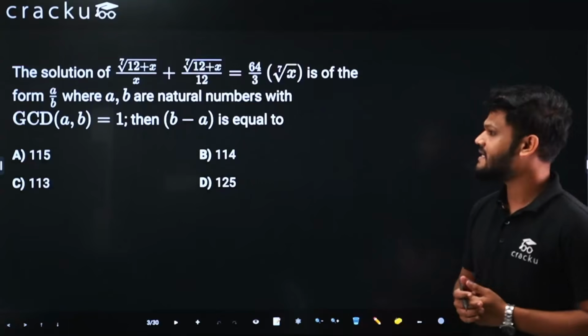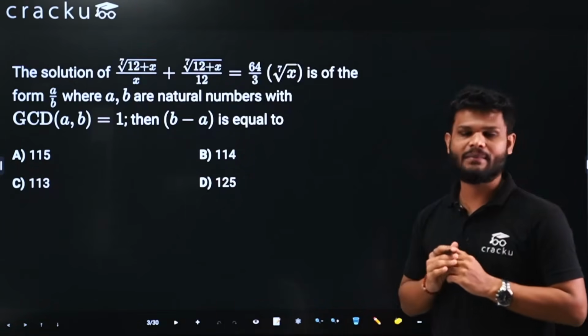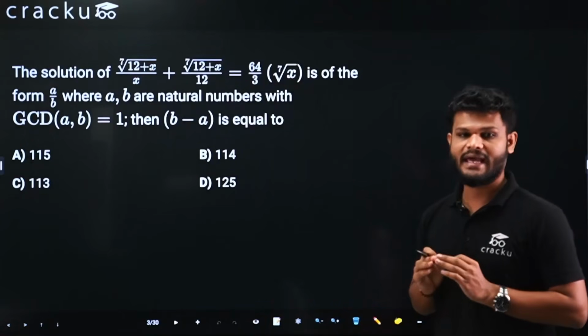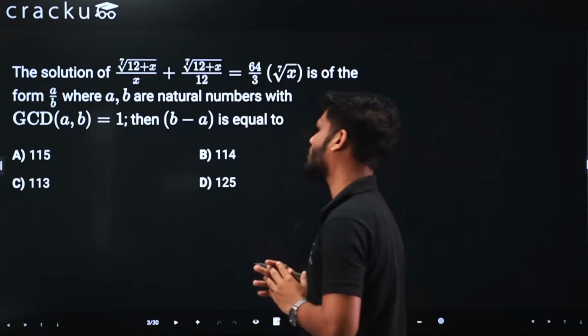In this question we are asked, the solution of the given equation is of the form A by B, where A and B are natural numbers with GCD of A and B equal to 1. Then B minus A is equal to what? So how do you find this?